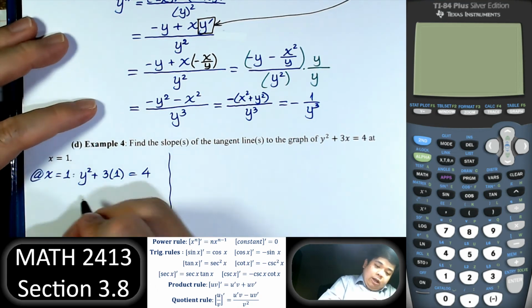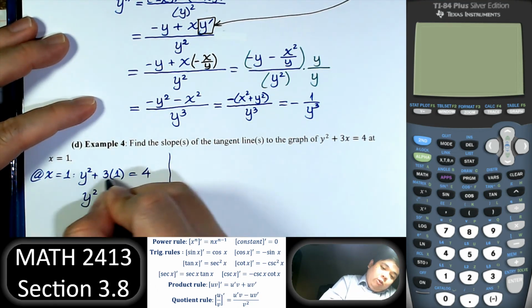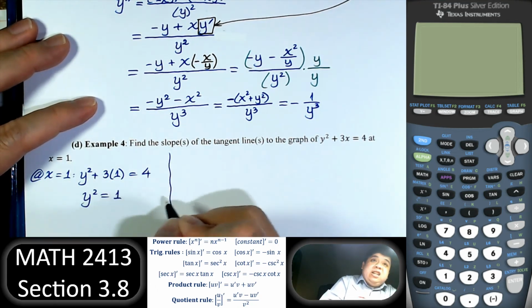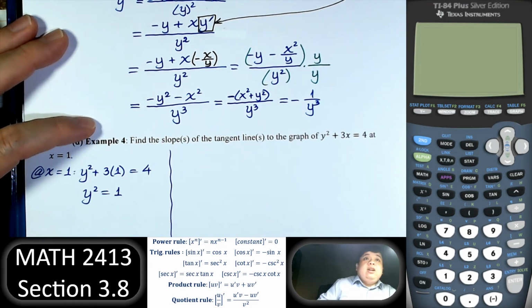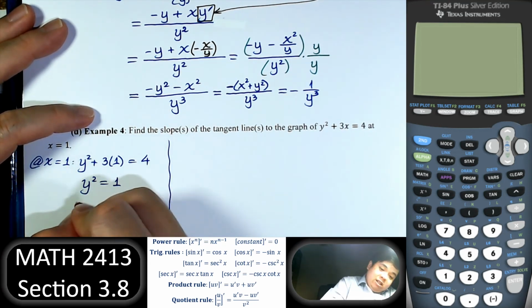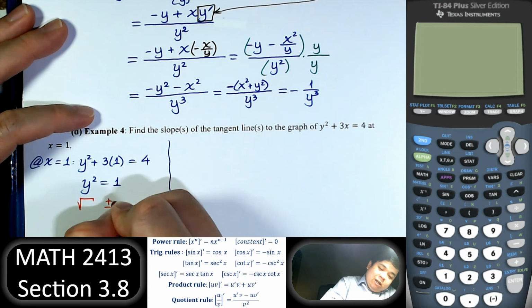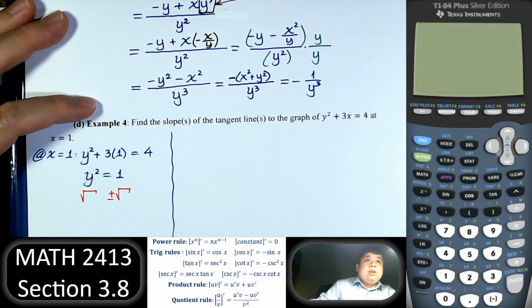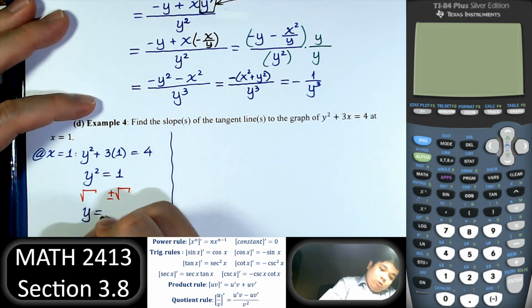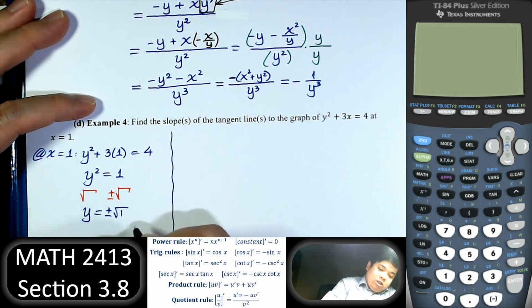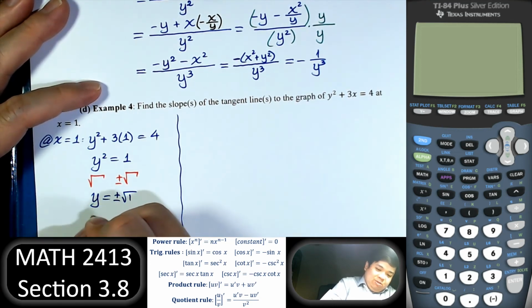So y squared equal to 4 minus 3, which is 1. Take the square root on both sides. Be careful when we do that. Plus or minus. So we have y equal to plus or minus square root of 1, or just plus or minus 1.